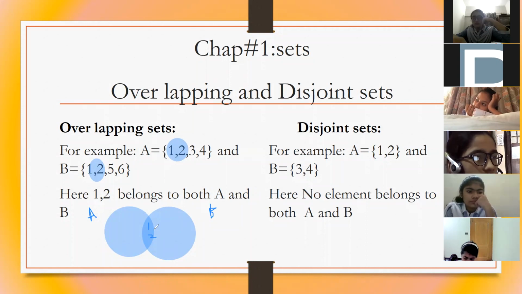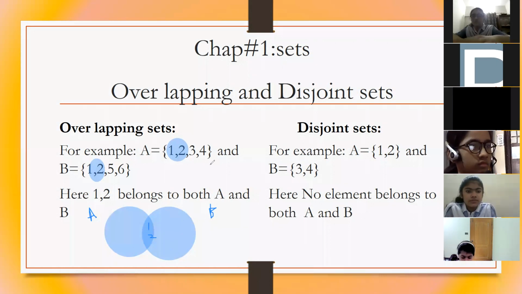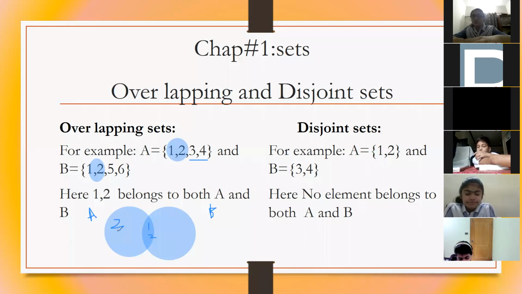Hadika, Iman, Adnan, bete, look this diagram carefully. Okay, here AB is containing 1, 2, here A is containing 1, 2, and B is also containing 1, 2, right? The remaining elements of A are 3 and 4, right? And the remaining elements of B are 5 and 6.